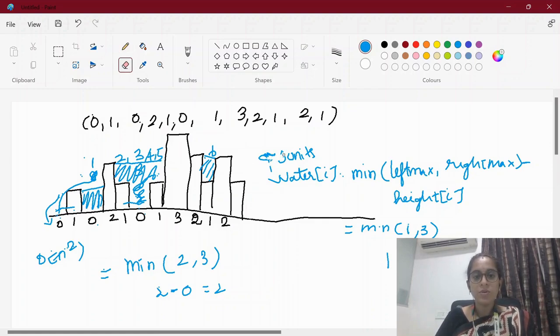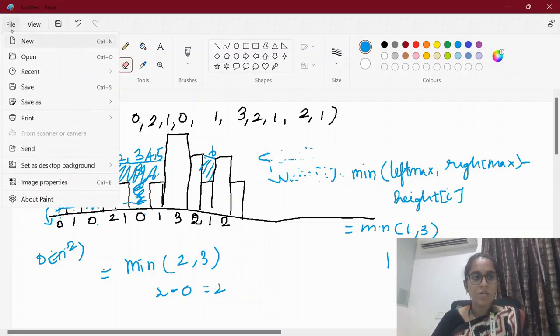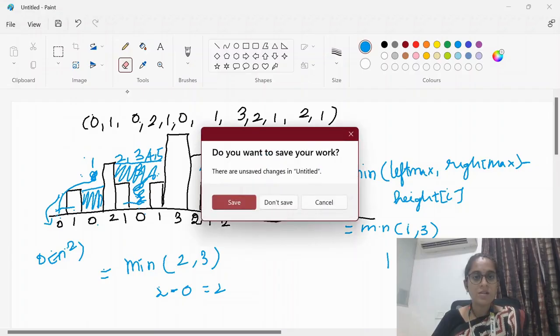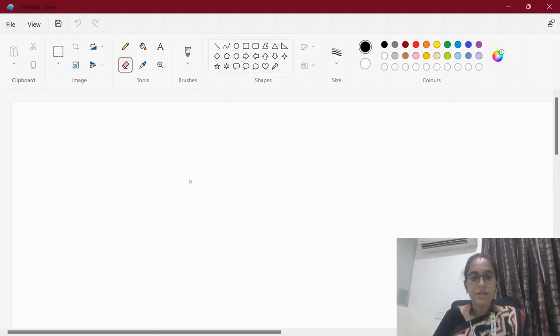So we just need to calculate the left and right max positions.